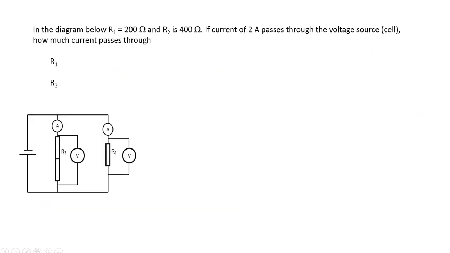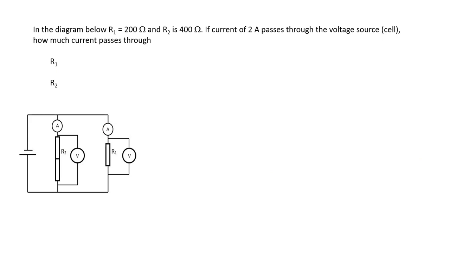Let's see. We have our ratios and you want to make a calculation using the ratios. In the diagram below, R1 is 200 ohm and R2 is 400 ohm. If current of 2A passes through the voltage source, that is the cell, how much current passes through R1? So we have 2 loops here.